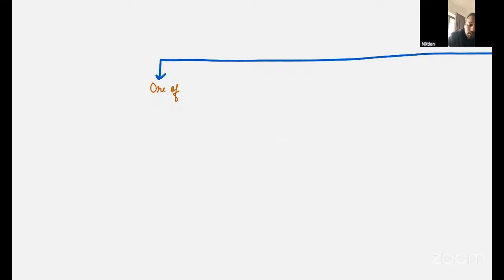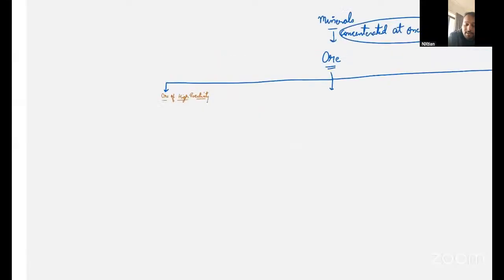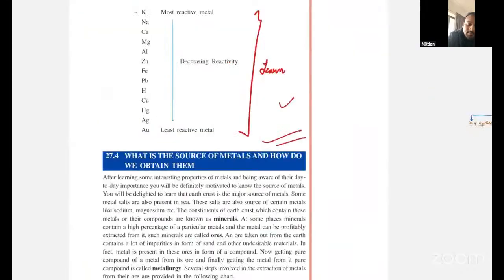Okay. Now first is ore of high reactivity. Ore of high reactivity means high reactivity is there, for example, metals like sodium, potassium. This is called high reactivity.